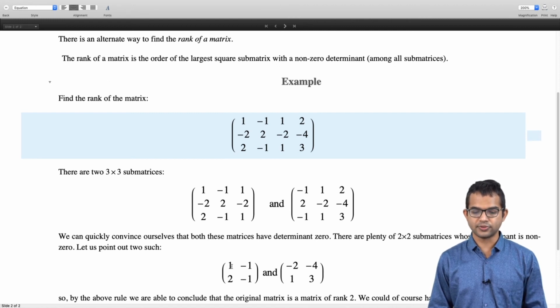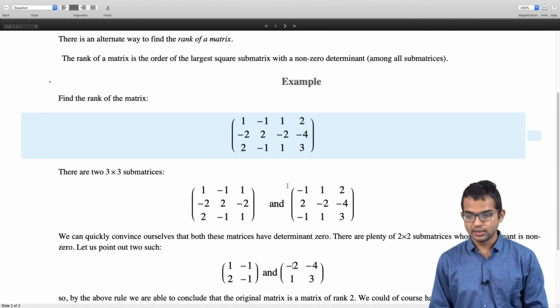How did I get this first submatrix? I have pulled out these submatrices just to show you what can classify as a submatrix. I have deleted the second row entirely, then deleted the third and fourth columns. I'm left with 1, minus 1, 2, minus 1. This is an acceptable submatrix.